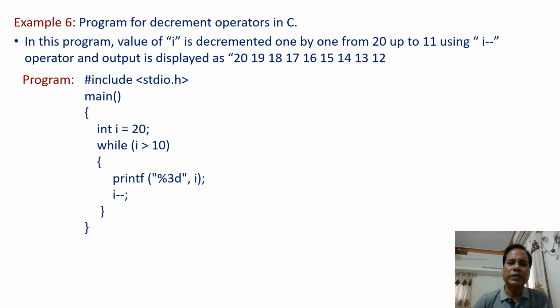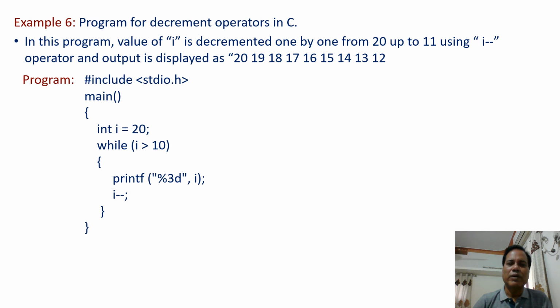In this way, until the value of I is greater than 10, those values get printed. In the while loop, the value of I is 20, and 20 is greater than 10. So 20 gets printed using the printf statement, and then the value of I is decremented.